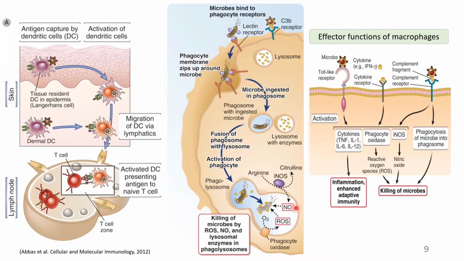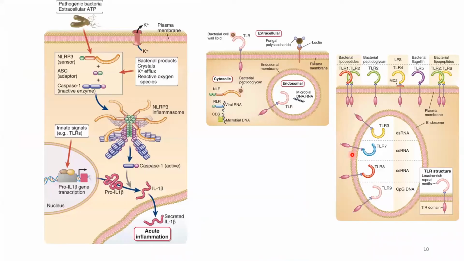And then we have nitric oxide here, or reactive oxygen species, in particular hydrogen peroxide, to kill microorganisms. We also have macrophages that can not only phagocytose but release lots of cytokines to stimulate our immune response. Okay, and we also have the inflammasome, and finally a cytokine that can cause acute inflammation.